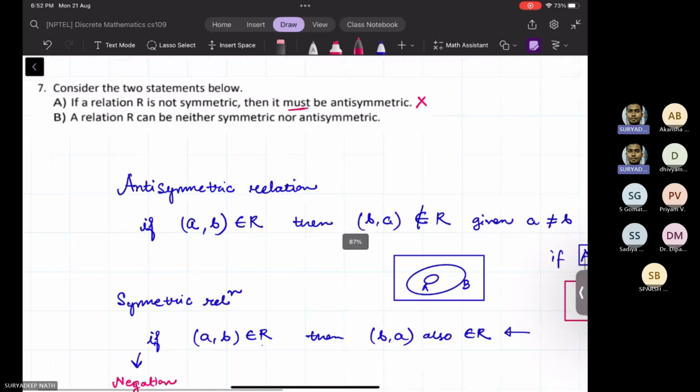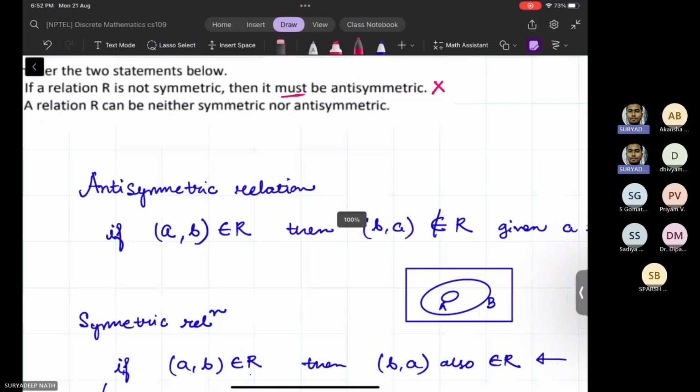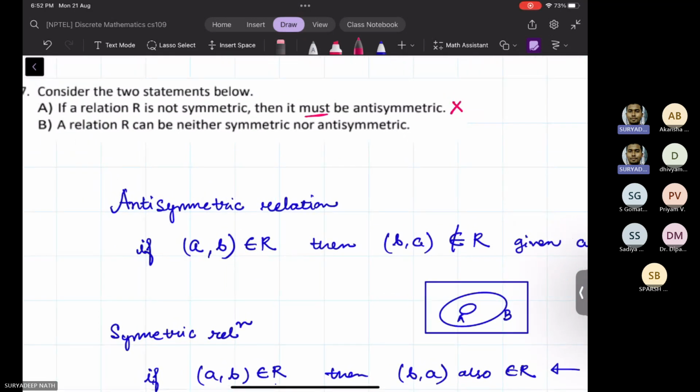All right. So if you look at this relation, it can be neither symmetric nor antisymmetric. So this can actually occur.